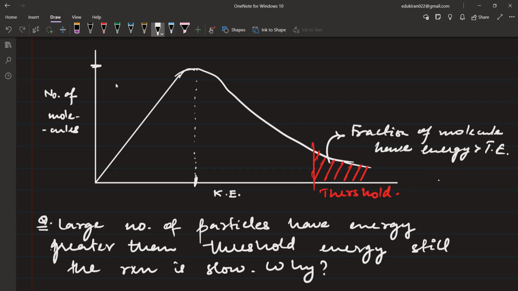Why? What did it say? They said that if a large number of particles have energy greater than threshold energy, that means the reaction should be fast, right guys?